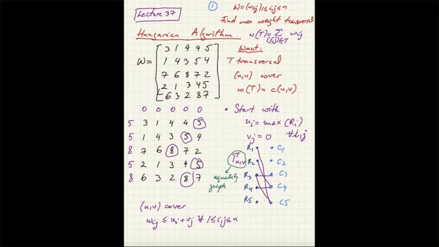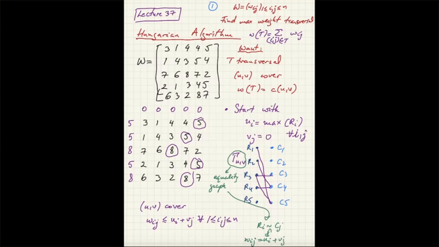One partite set corresponds to the rows of the matrix, and the other to the columns of the matrix. We put an edge between row i and column j if and only if the weight Wij equals Ui plus Vj. In our situation, I marked in purple those places where we have equality.